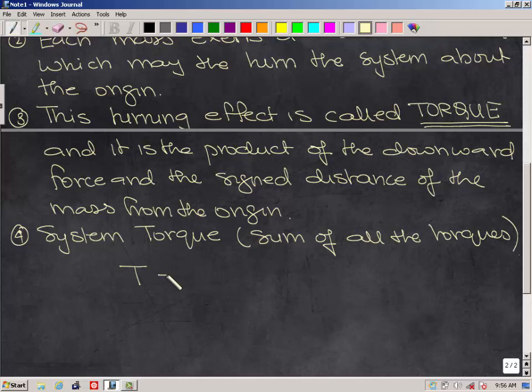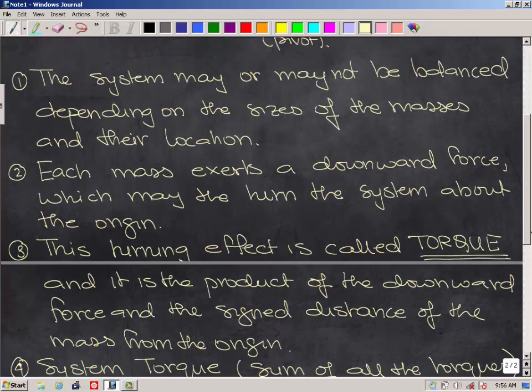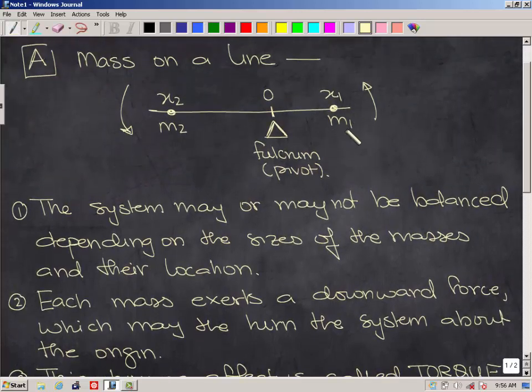So in our case, what is the torque of the first mass? It'll be the product of the downward force, the force that the first mass causes, times the distance from the origin. In this case we call that x1. The downward force will just be the weight of the mass, and the weight is mass times gravity, mg.